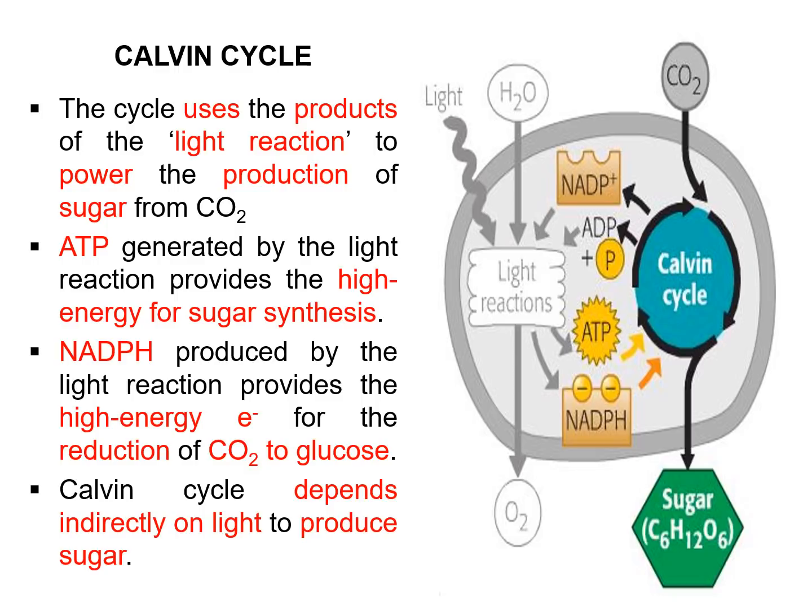And we know ATP as well as NADPH are the products produced by the light reaction. This ATP will provide high energy for sugar synthesis, as well as NADPH, which will provide high energy of electrons for the reduction of carbon dioxide to form glucose.